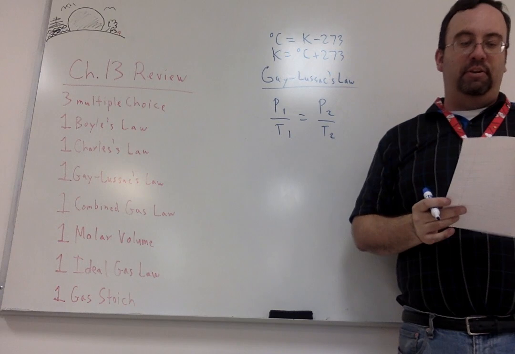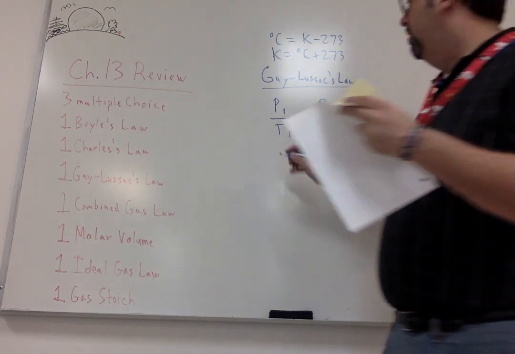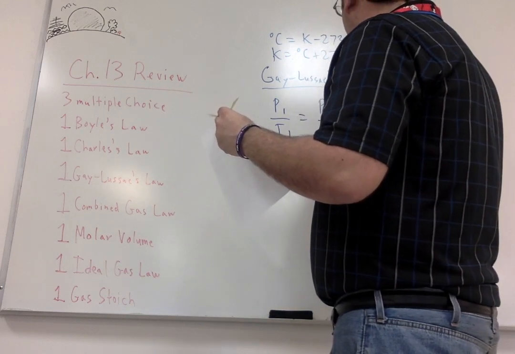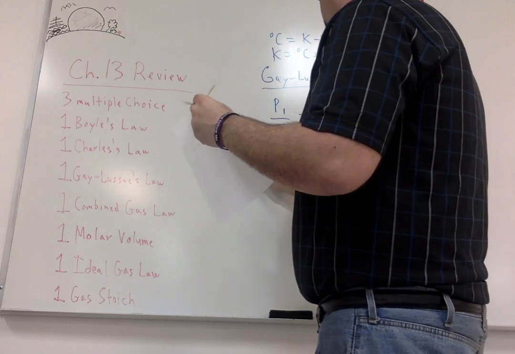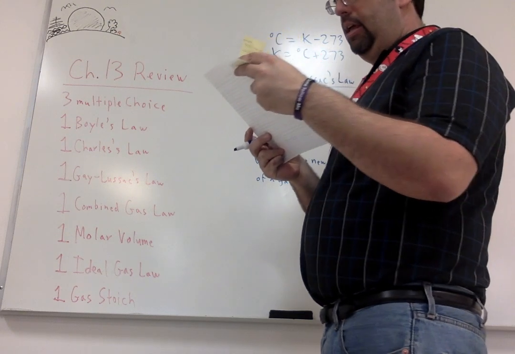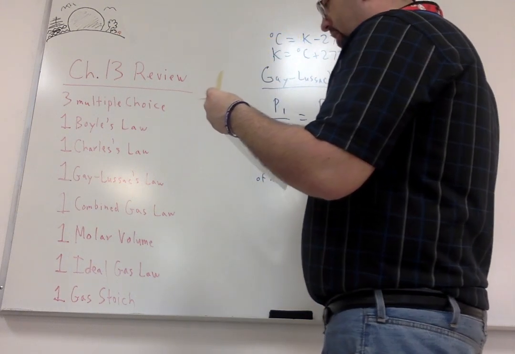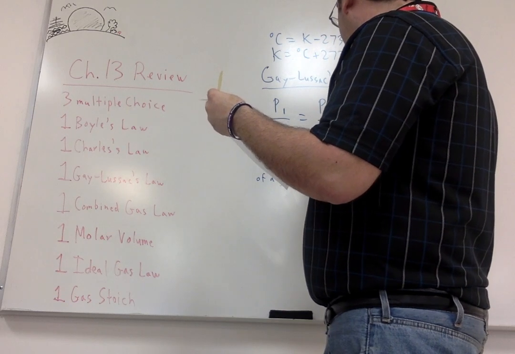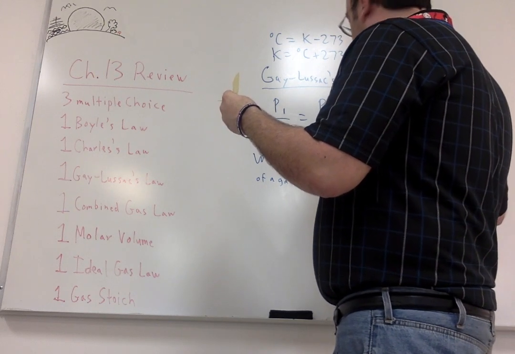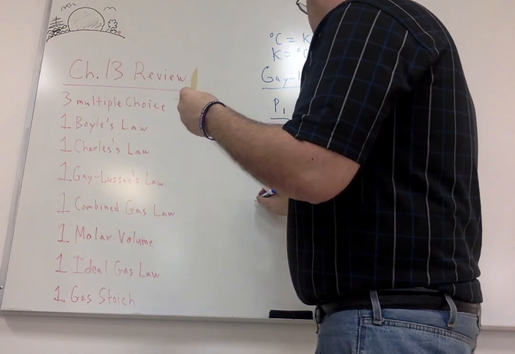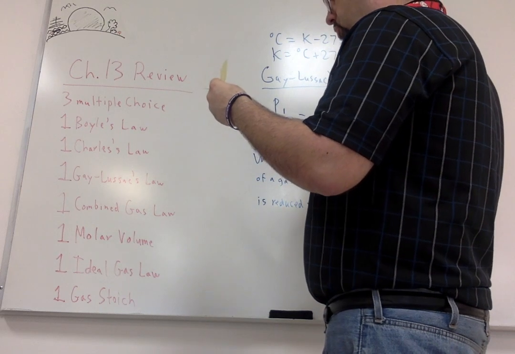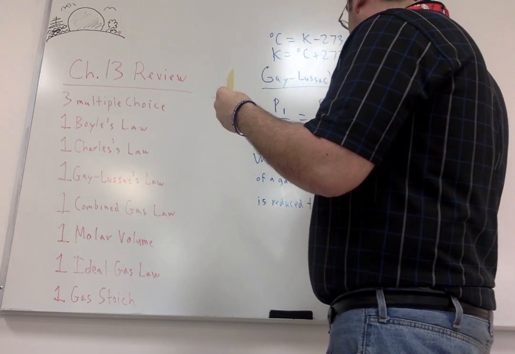And so what we're going to be looking for is: what is the new temperature of a gas at 100 kilopascals and 0 degrees C is reduced to 25 kPa?